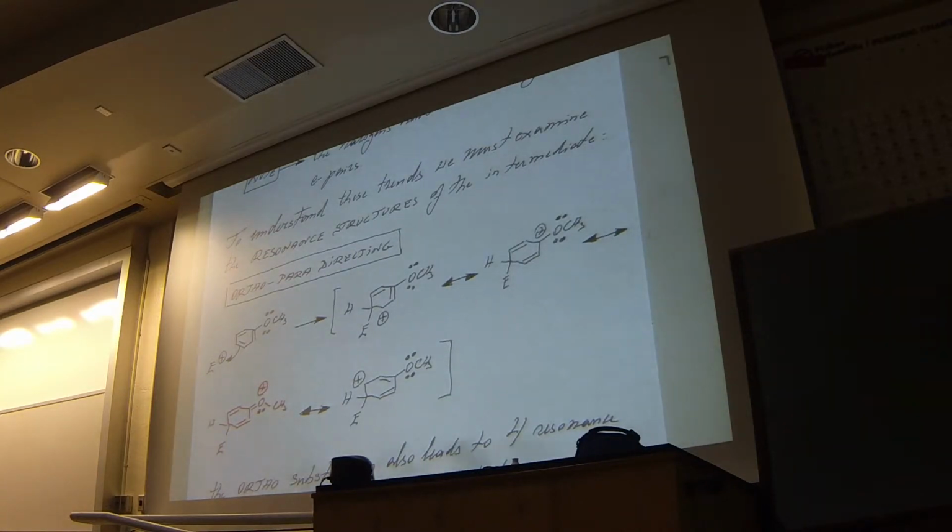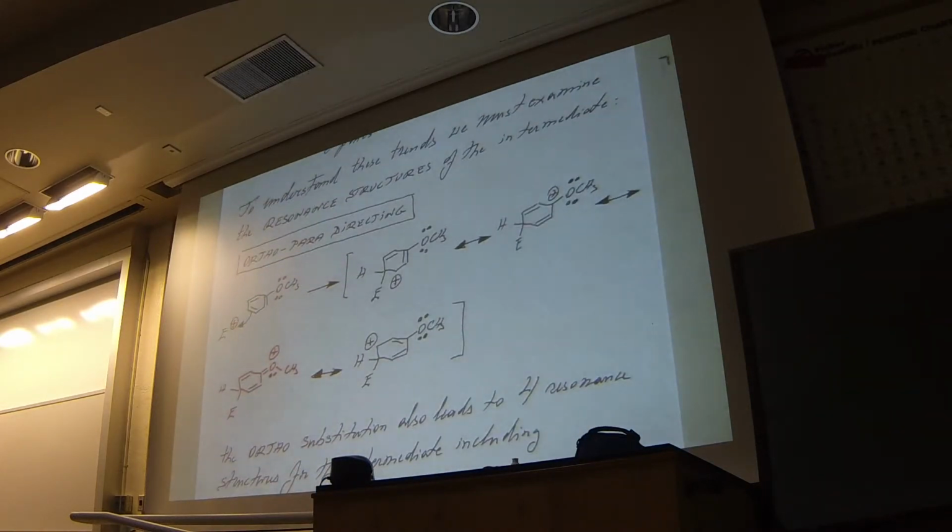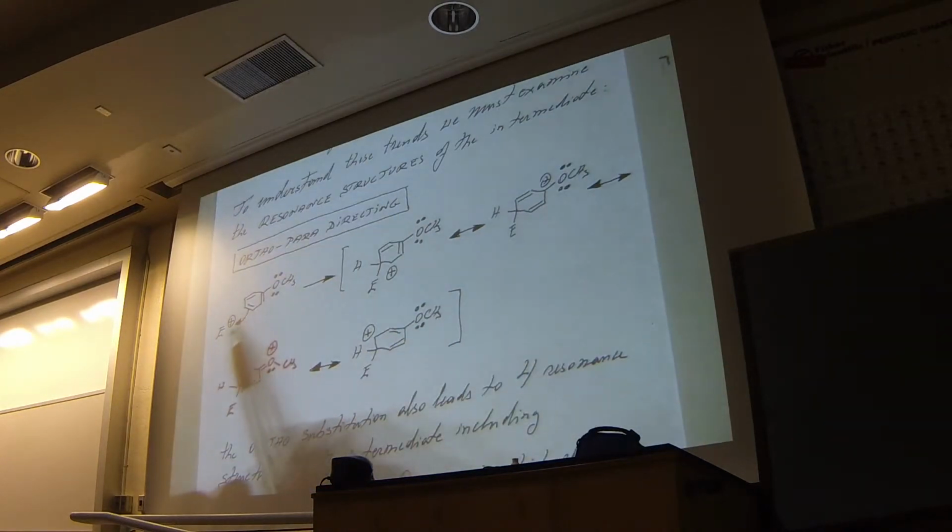So let's take a strongly activating substituent, which is the methoxy group, and I've highlighted the electron pairs on oxygen. And now let's just show the electrophilic aromatic substitution. What's E plus? Doesn't matter, because whatever electrophile it is, the trend isn't going to change. So we don't care what the electrophile is; it's going to be the same regardless.